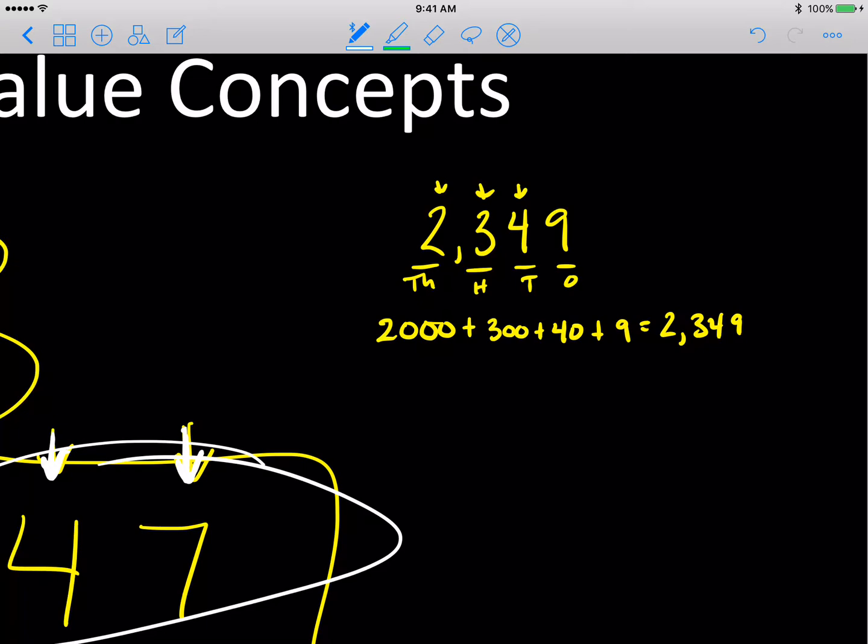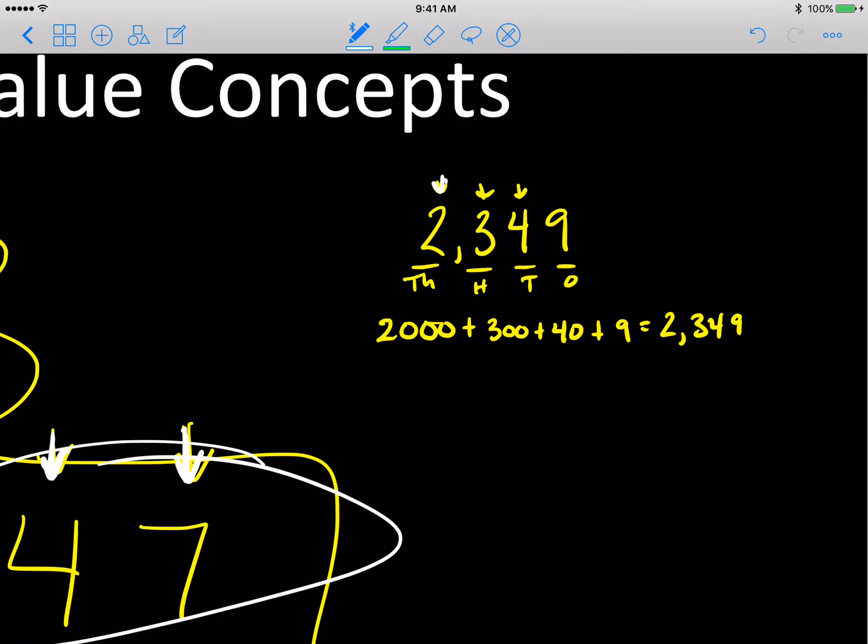So 2,349. We have a 2 in the thousands place, a 3 in the hundreds place, a 4 in the tens place, and a 9 in the ones place. So we have 2,000 plus 300 plus 40 plus 9. So we're taking the individual values of each digit and each place value.